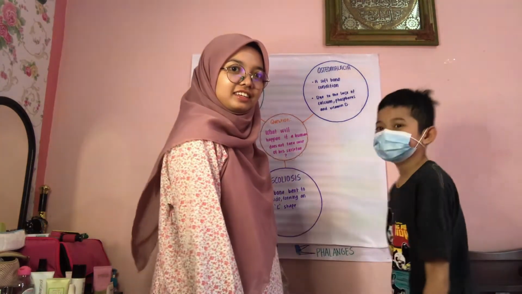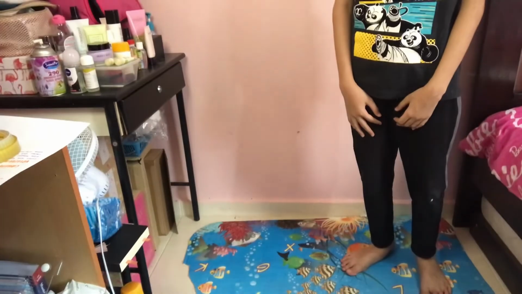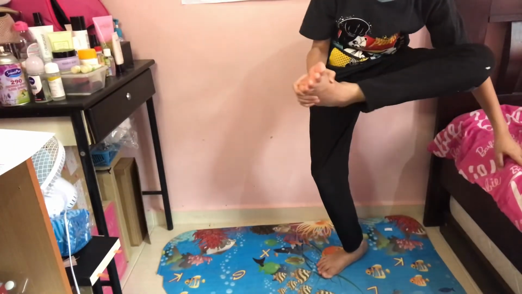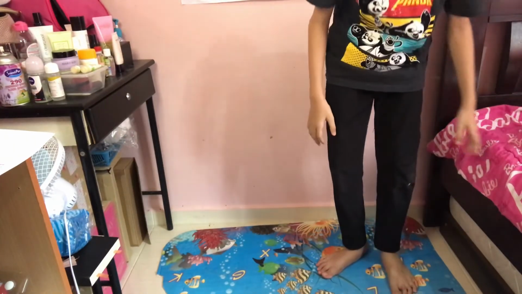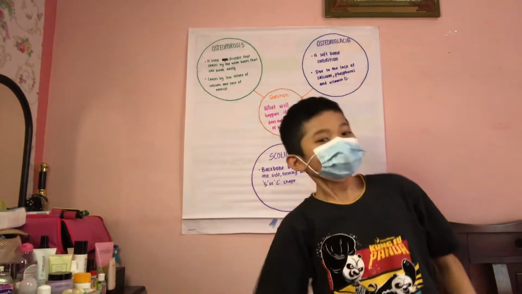Come here. Show the demonstration. How is it? Show us your leg. No, like this, Arif. Like this. Yes, like that. Okay, that's correct. Thank you, Arif, for the demonstration.